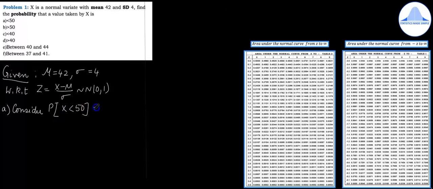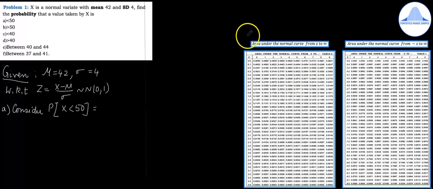So now we have to standardize. If you look at this side of this slide, these are the statistical tables for the area under the normal curve from z to infinity, and then you also have the area under the normal curve from minus z to infinity. You will be given these tables for the exam, and you have to make use of these tables to find the area under the normal curve.